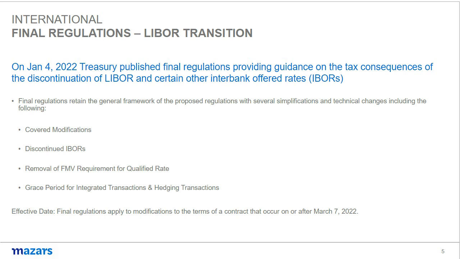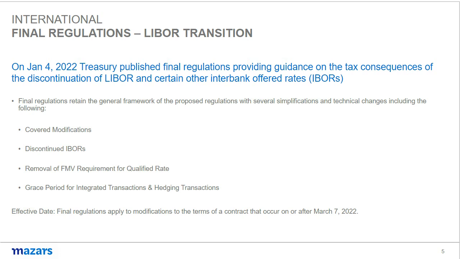There are a few tax issues that arise, but primarily the concern comes down to whether the changing of a reference rate constitutes a significant modification of a debt instrument for purposes of 1001, which would result in a sale or exchange.